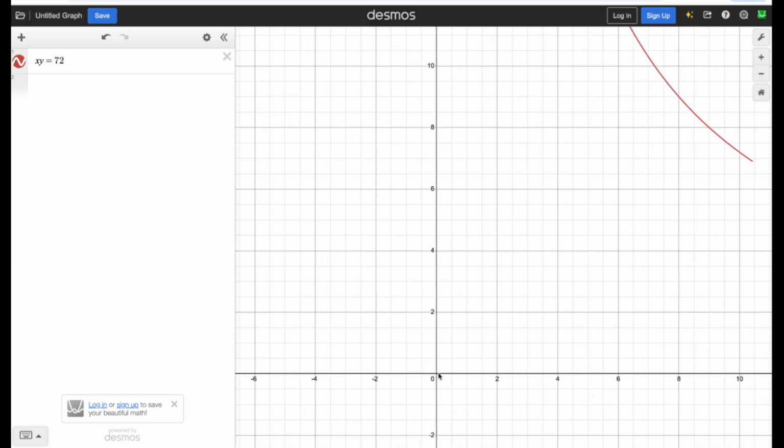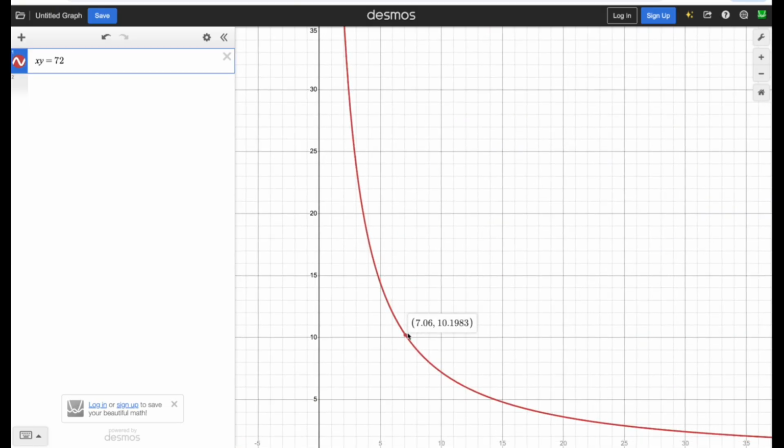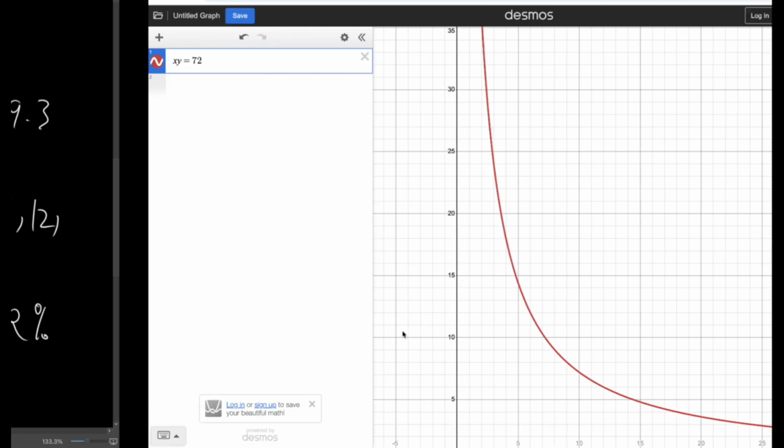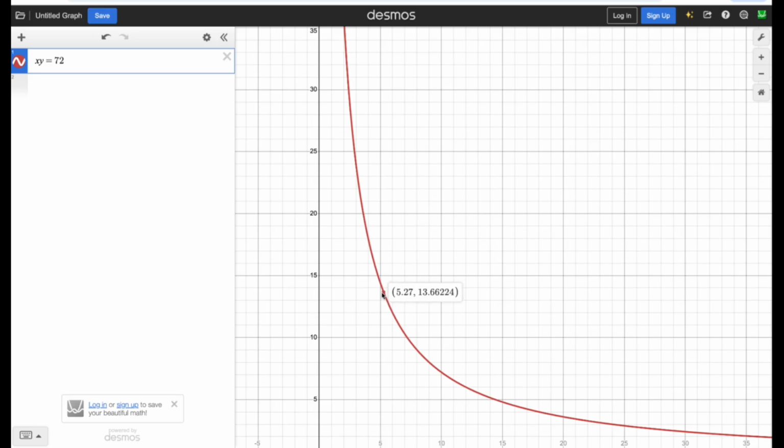So for every point on this graph, the x value corresponds to our value of r. So for 5, it means that your interest is going to be 5%, and it will approximately take 14 years for your value to double.